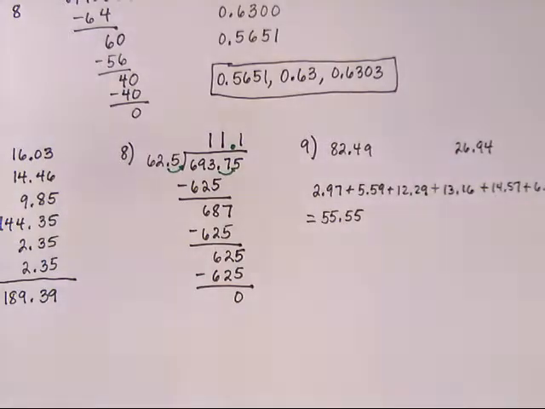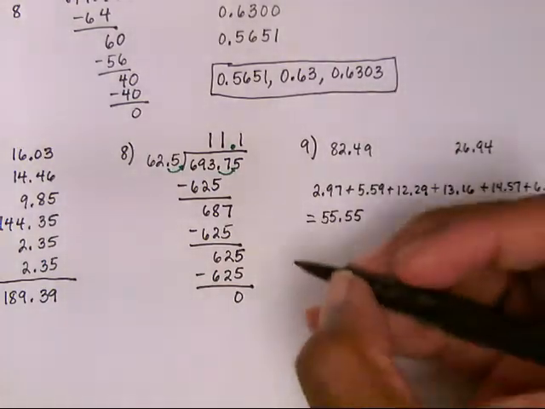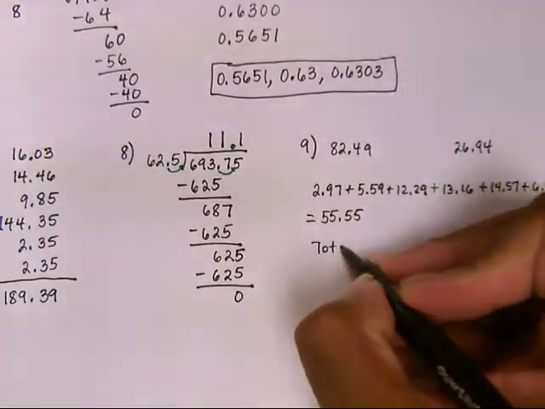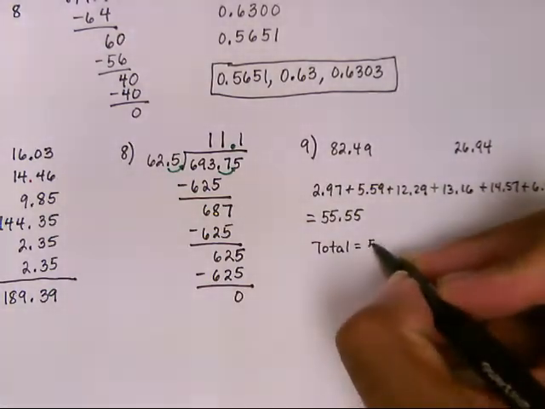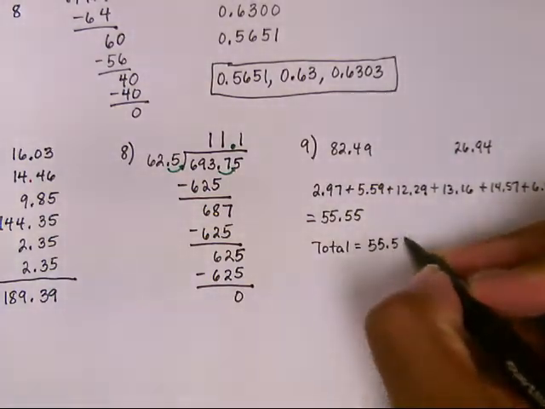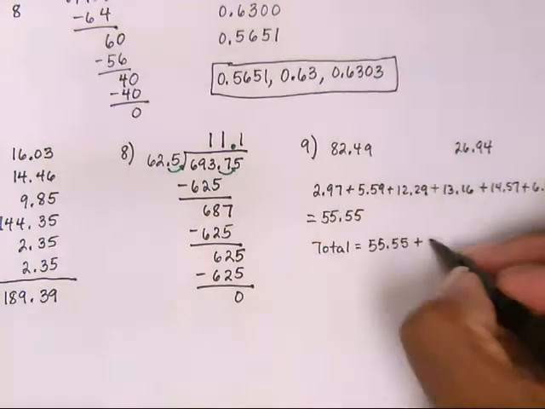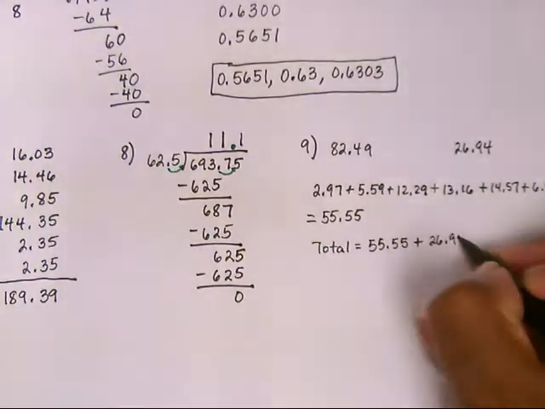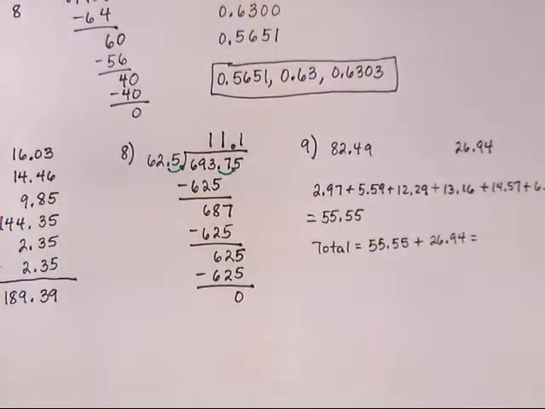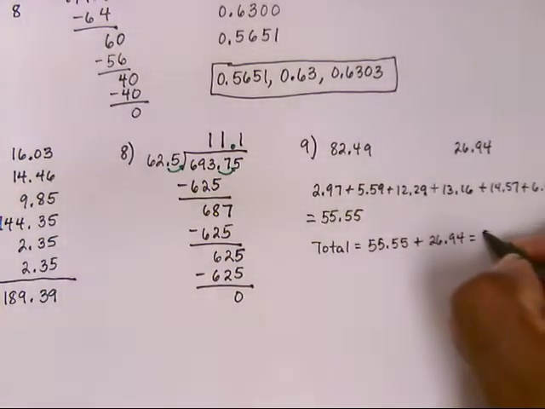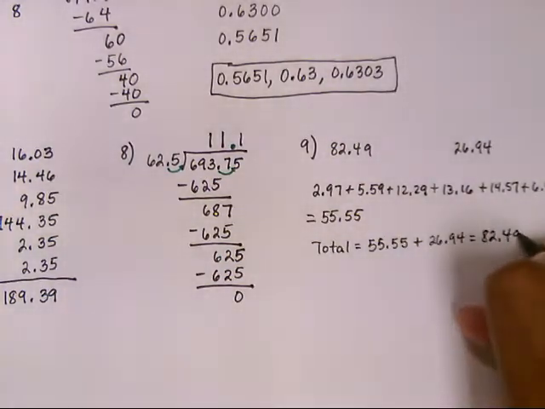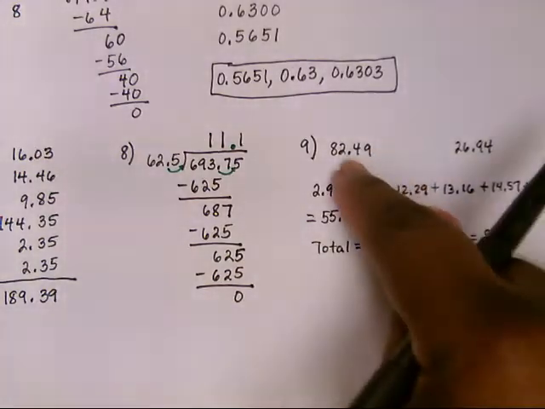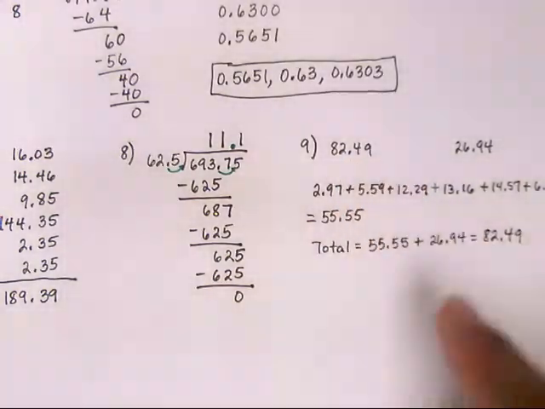Those are the sum of the 6 checks here. Okay, so now if we add those check totals to the $26.94, we get $82.49. So here, the bank record is correct.